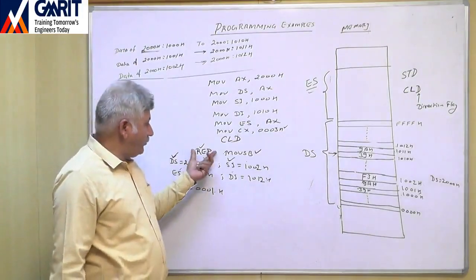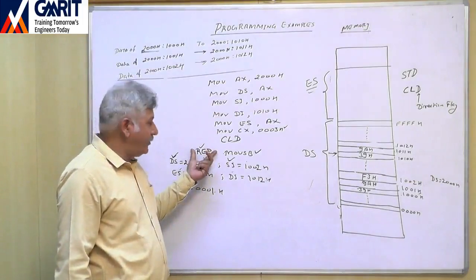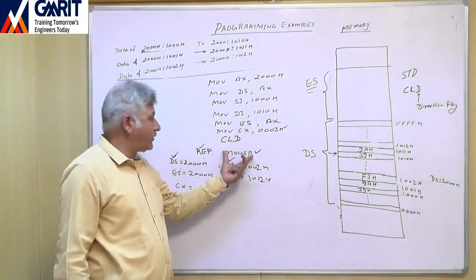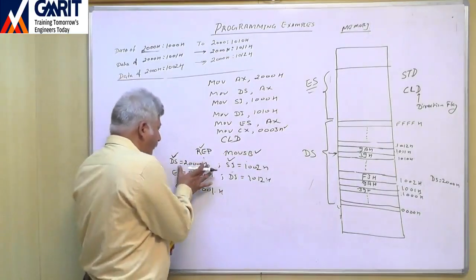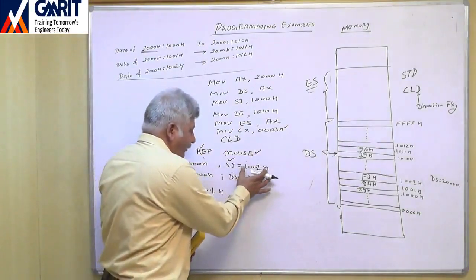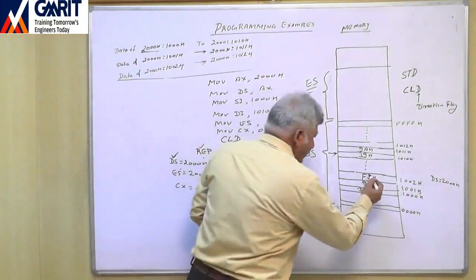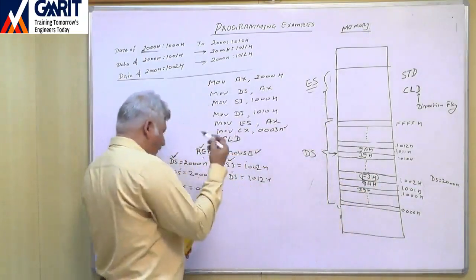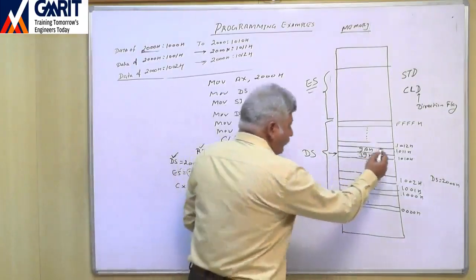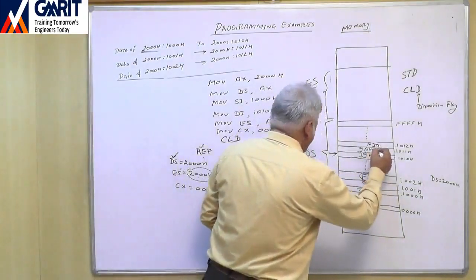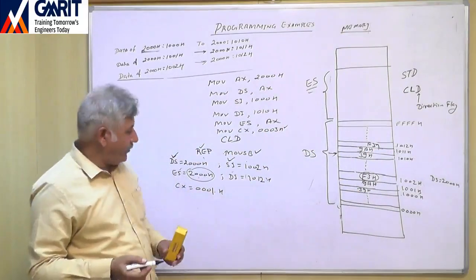So now due to the repeat prefix, again the move string byte instruction will be executed. And now data will be transferred from 2000:1002, means this data, it will be transferred to 2000:1012, means here F3H. Now the third byte has been transferred.